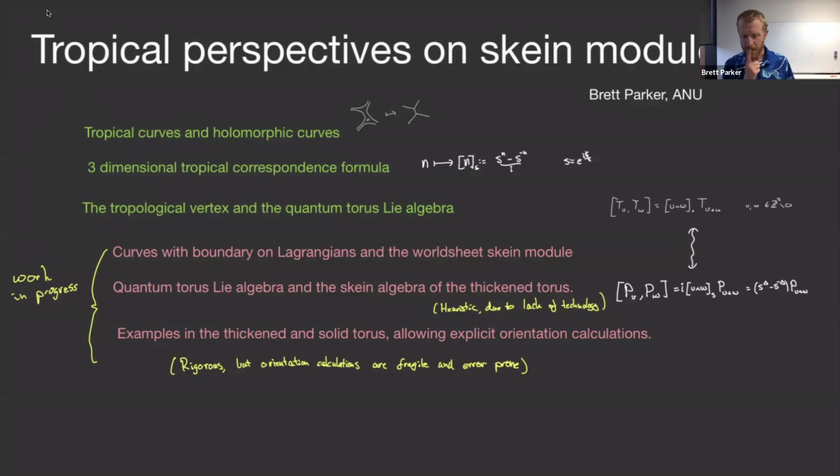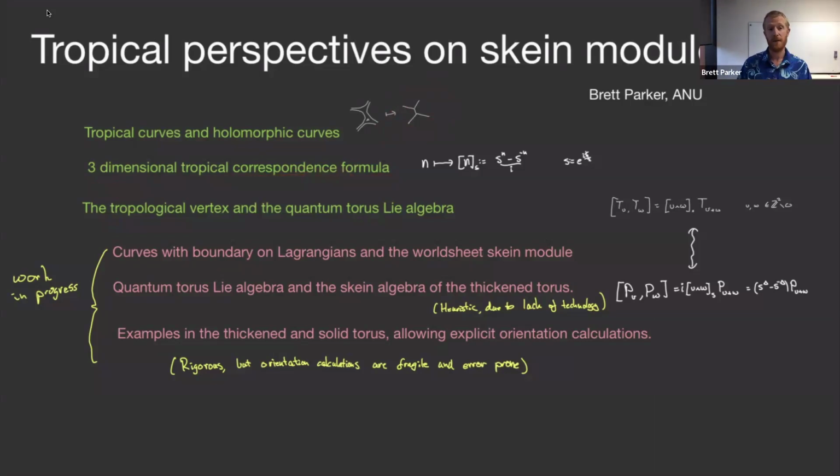Okay, so what am I going to do? I'm going to tell you a little bit about tropical curves and holomorphic curves. So holomorphic curves are holomorphic maps of Riemann surfaces into spaces. And tropical curves are like piecewise linear things like this. And then I'll tell you about a three-dimensional tropical correspondence formula.